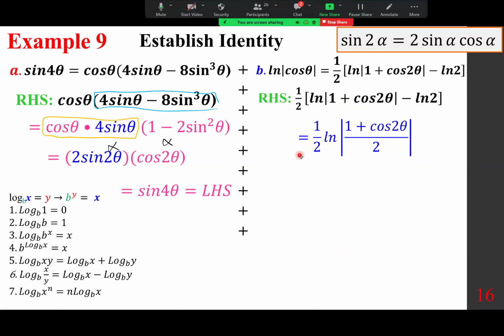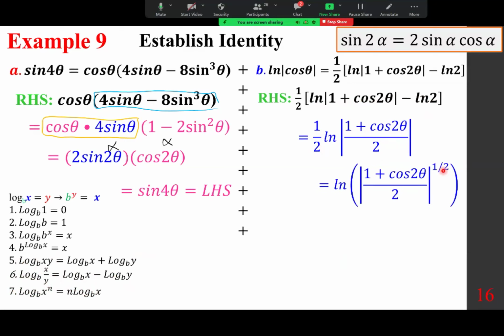Then I look at 1/2 and I go with number 7. When you have a power, this is called the quotient rule, this is the power rule, this is the product rule. With the power rule, n becomes a coefficient, so the coefficient can become the exponent. So I can take the 1/2 inside and make it the exponent: 1 plus cosine 2 theta over 2 to the power of 1/2.